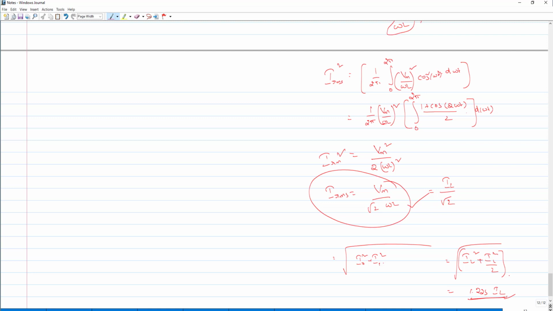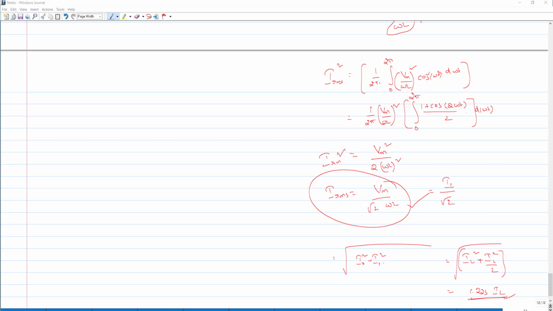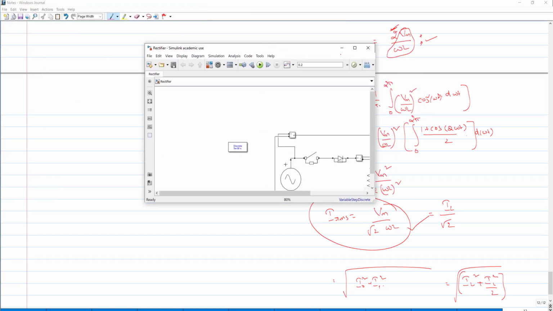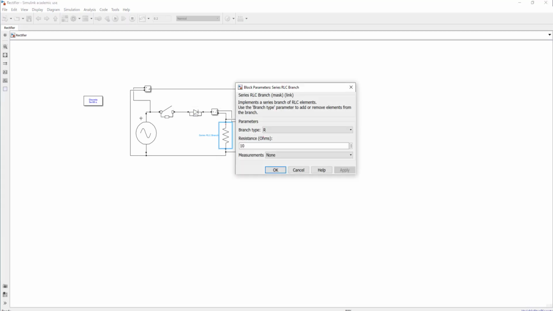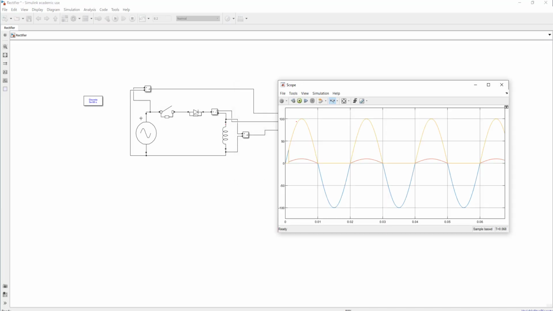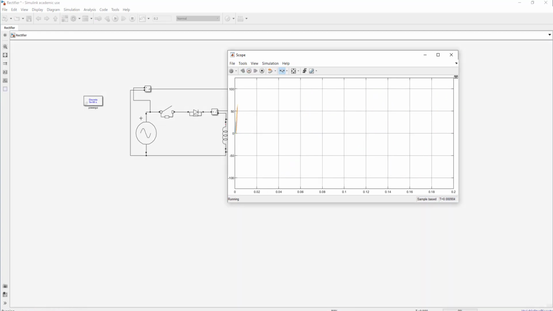Now let us see how things look in the simulation. We'll bring out the simulation here and see how things happen. I am putting in an inductance of some value, seeing how the waveform looks, and running this.